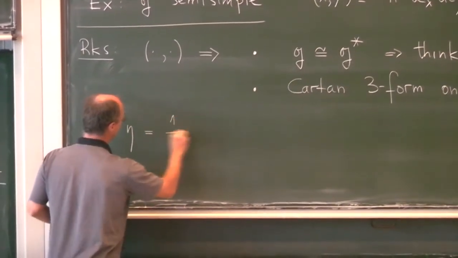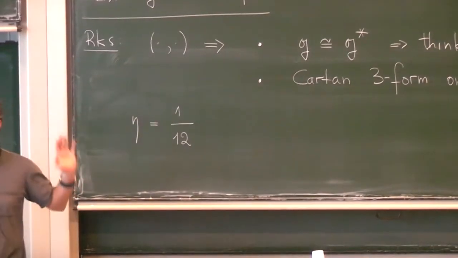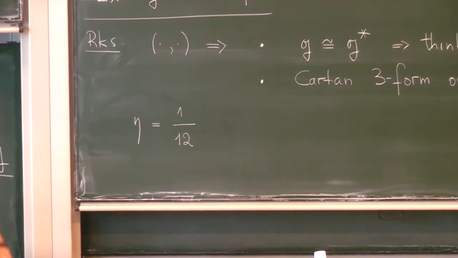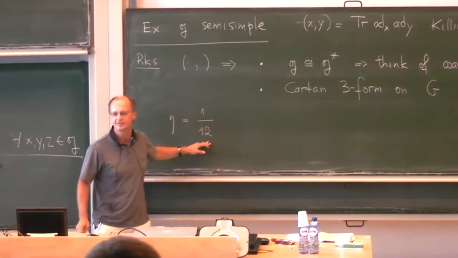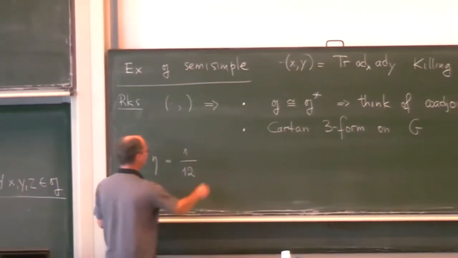For whatever historic reasons, there is a coefficient here. I always get it wrong. I'm never sure, is it 1/12 or 1/6? Sometimes it's even 1/24. Okay, let's settle in the middle for 1/12.